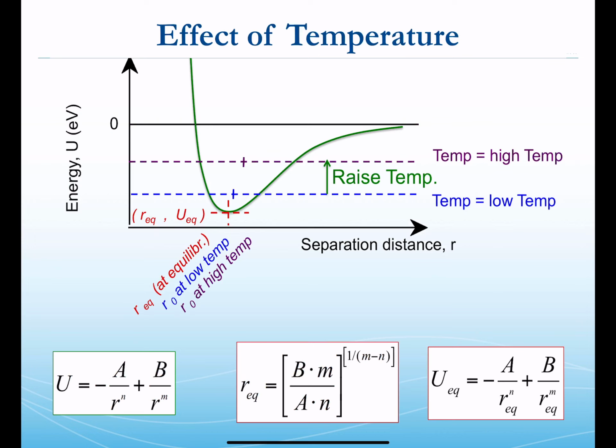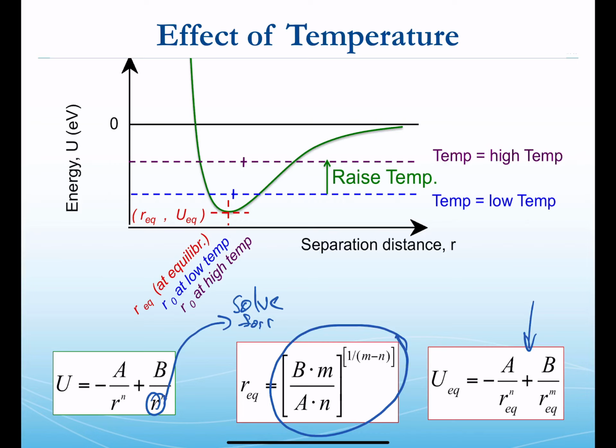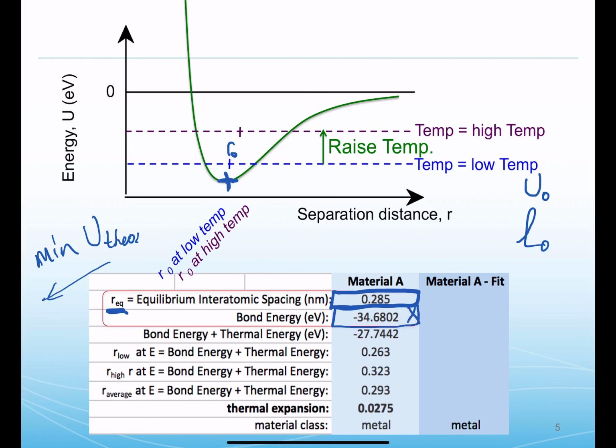Once we know the U equilibrium, so this is the minimum value, you can use this equation, which is the solution for solving for r from that previous one. Solve for r, saving you a bit of time there on the arithmetic, and then we can calculate the r value. That's going to give us a value that is very close to the x coordinate of the minimum, but technically different given that we've calculated it. So that gives us this second value here.